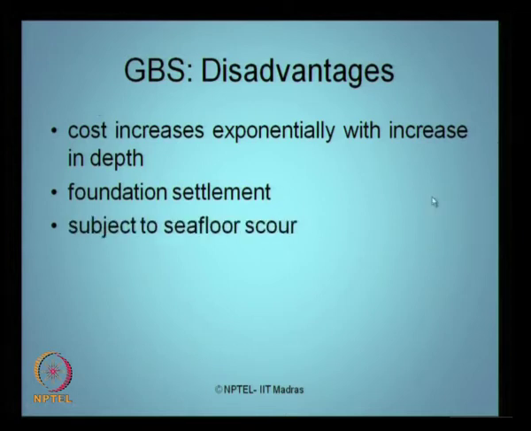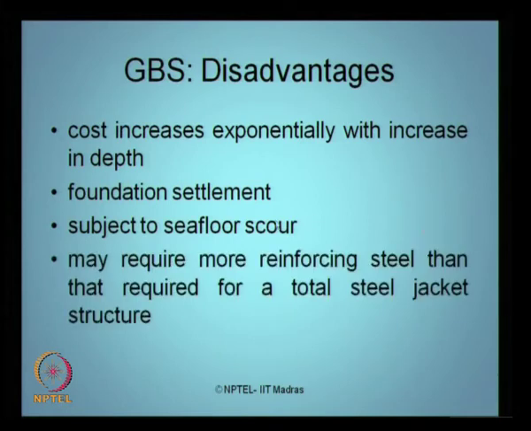They are subjected to very high sea floor cover. They may require more reinforcing steel than the total steel that is required to construct a jacket structure. It means the cost of the structures is very high and the volume of steel being used in this is much larger than a steel structure by itself when we compare it with the jacket platforms.